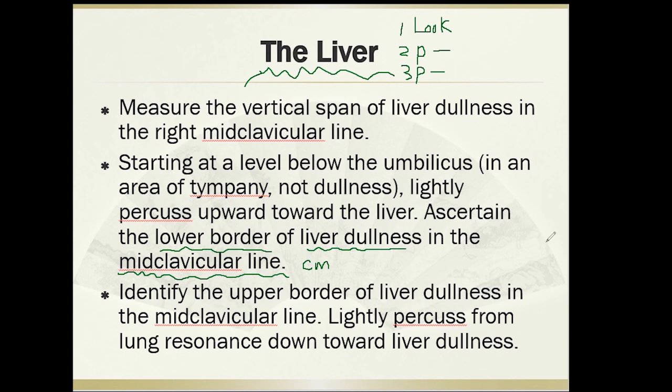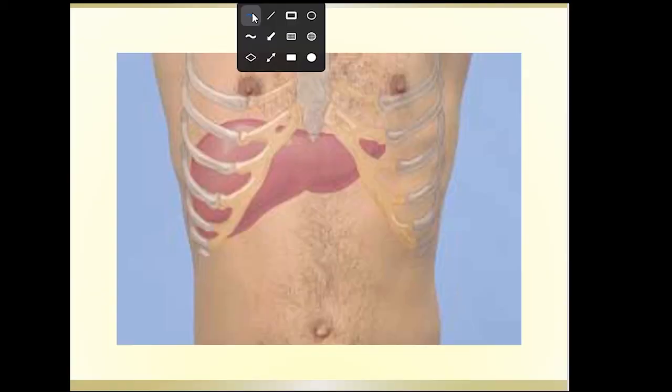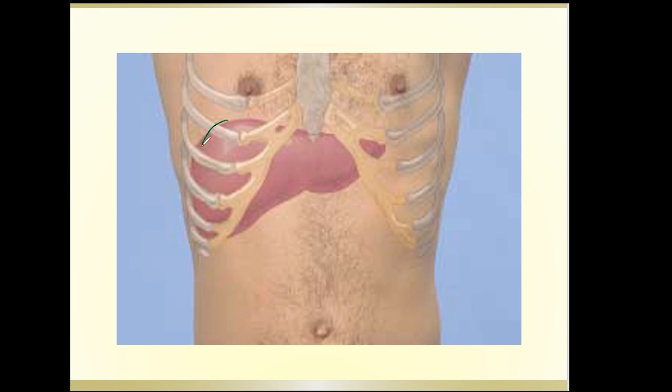We don't truly use auscultation for the liver, because there are no special sounds normally coming from the liver. So basically we use three ways to check the liver. That's the physical location of the liver.